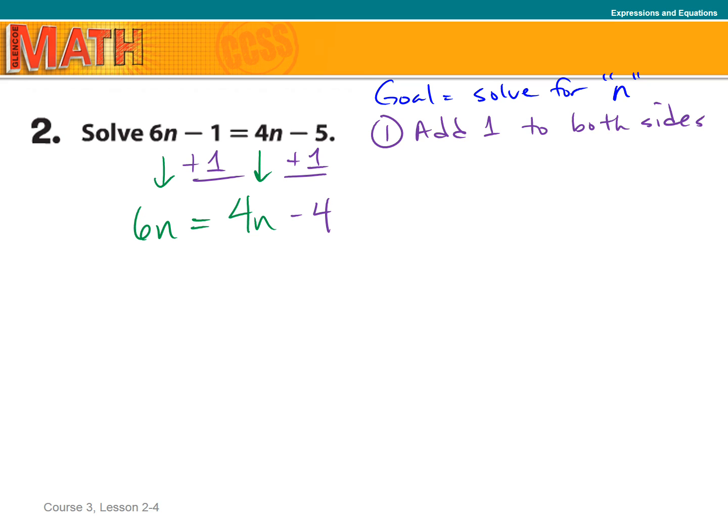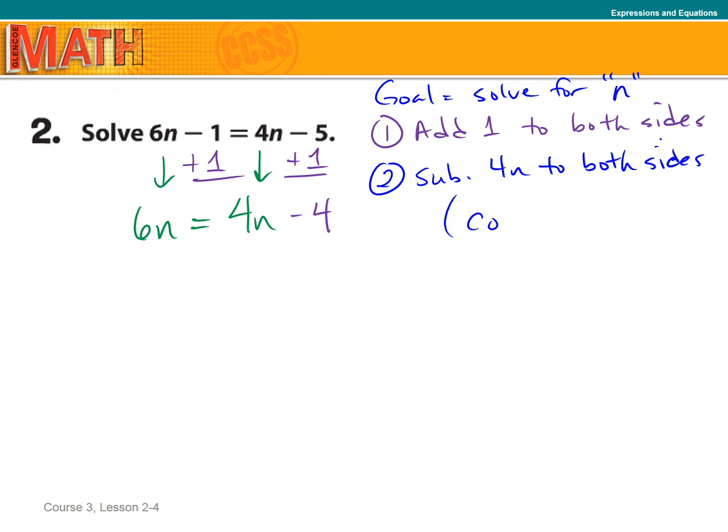The second step is that I now want to combine my variables, the 6n and the 4n. So this time I'm going to subtract 4n from both sides. And yes, I can move the variable.